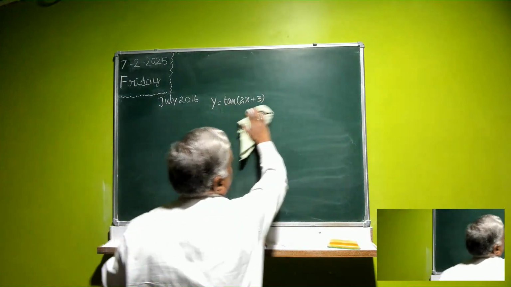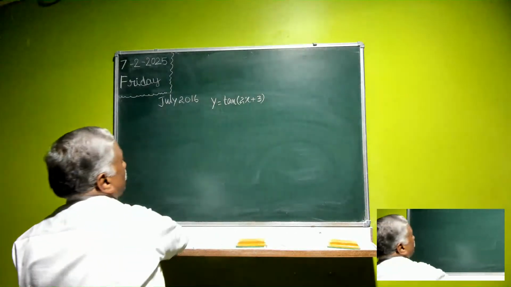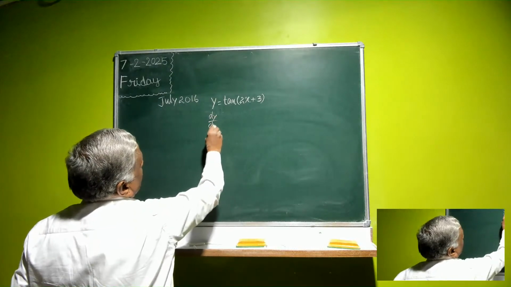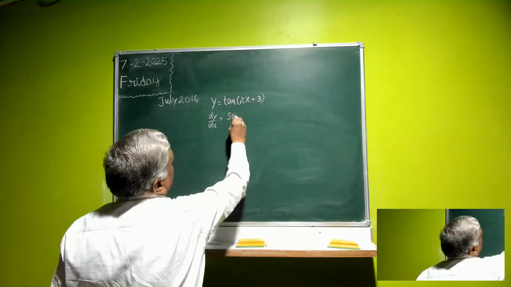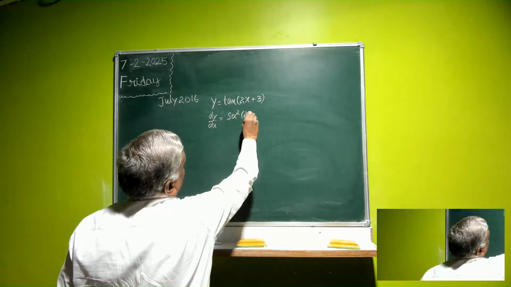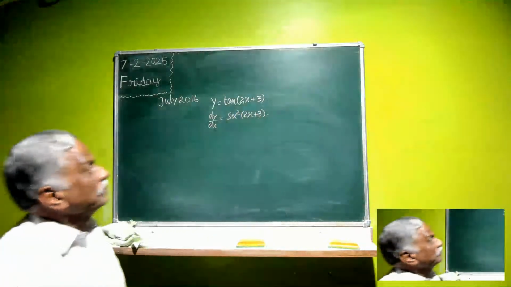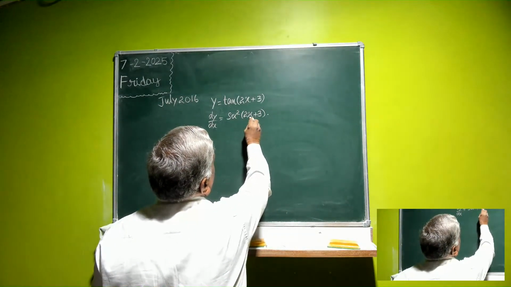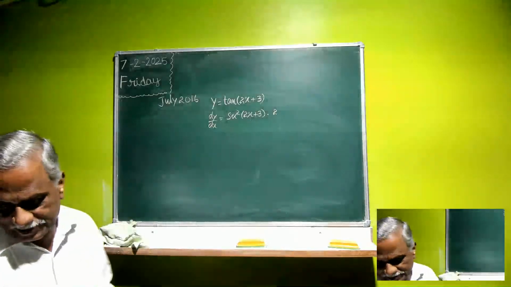Having worked so many chain rule problems, these problems should not be difficult for you. So dy by dx is equal to, first you should differentiate tan, that is secant square of 2x plus 3. Then you should differentiate 2x plus 3. The derivative of 2x is 2, and 3 is a constant, so its derivative is 0. You can leave it like that.